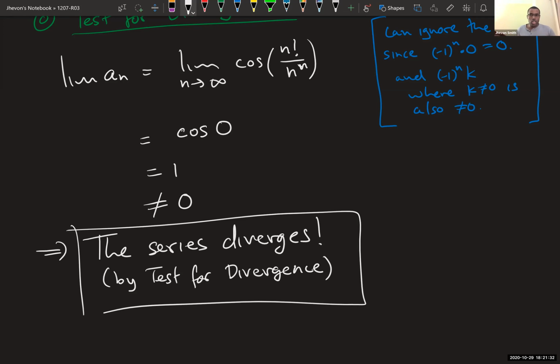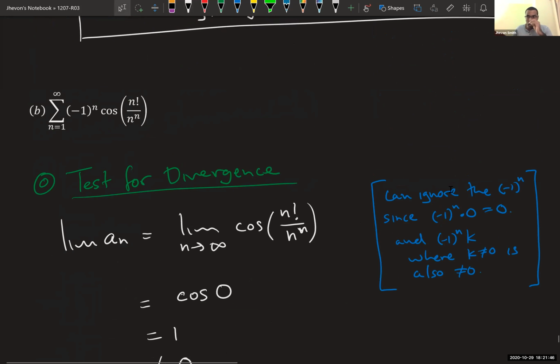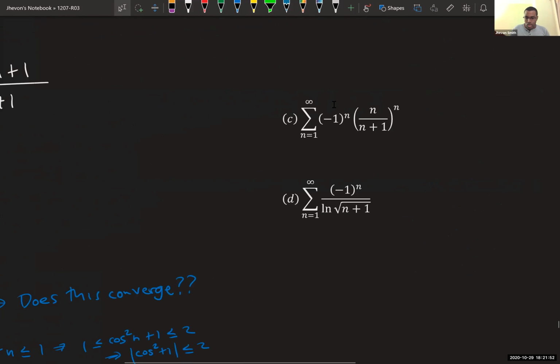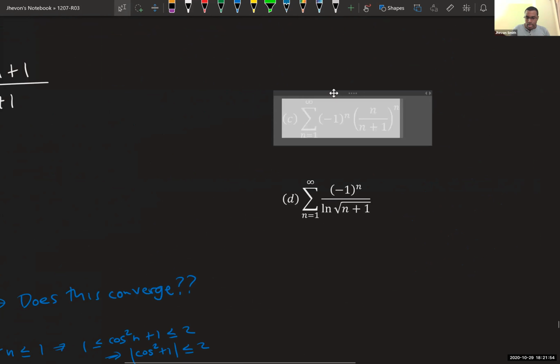It diverges right off the bat. Once this thing doesn't hit 0, it doesn't matter if I put absolute values or not, it's never going to work. Which is why the test for divergence is nice. Like some of you just saw, just by looking at it, that it's not going to 0. So you can make a quick deal of this.